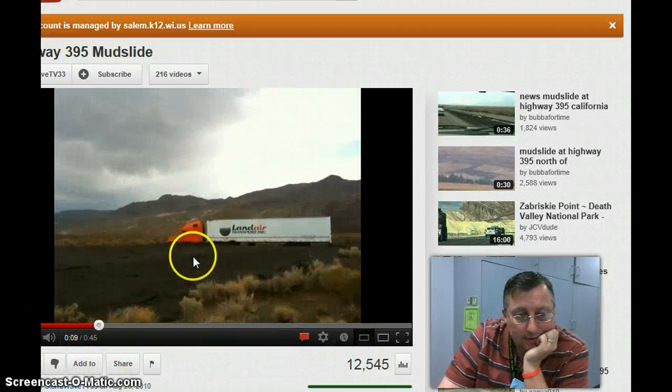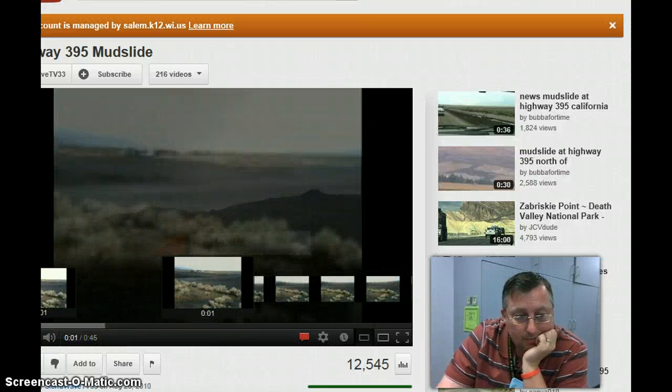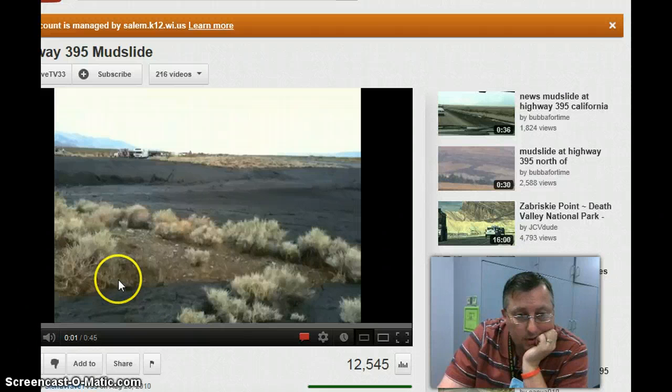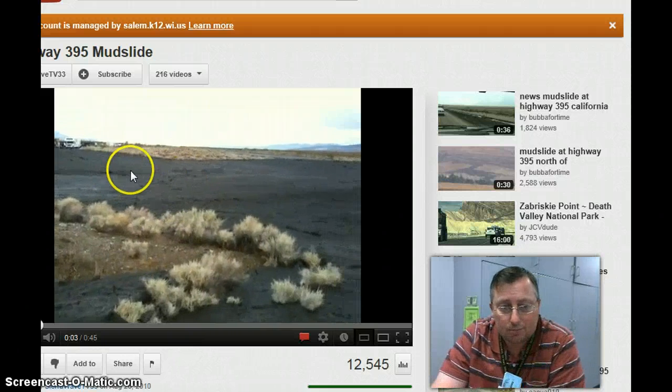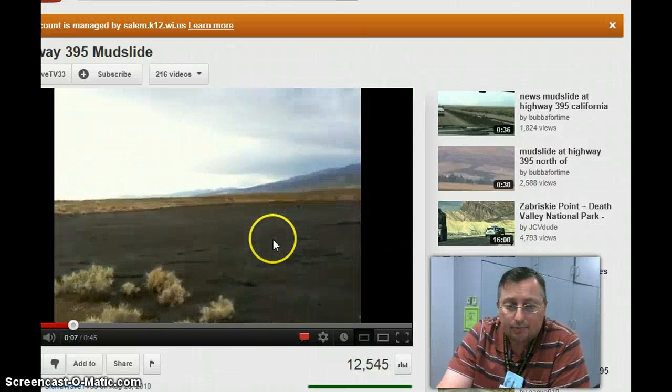You can see this mud flow. I'll just bring it back here so we can see it a little bit better. You can see it's just moving like a river. This is all just mud coming down.